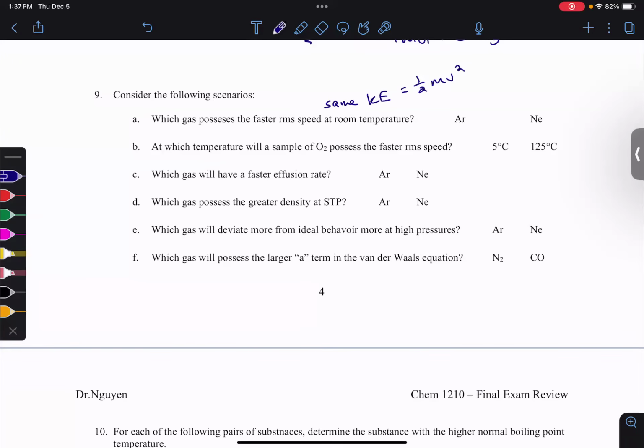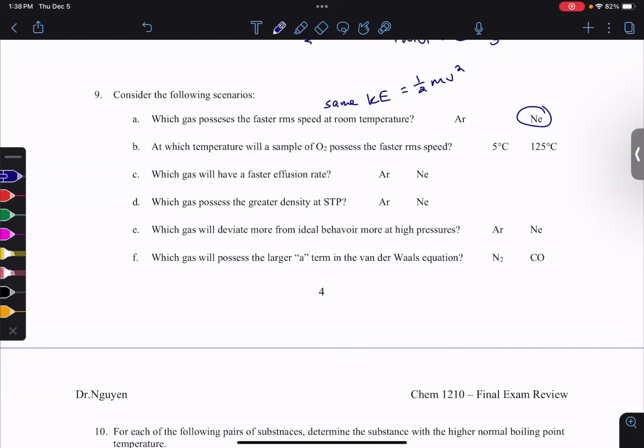So if I have a very lightweight particle, it's going to have a very fast velocity versus if I have a really large particle with the same kinetic energy, it's going to have a slower velocity. So what we see here is that neon has the faster root mean squared velocity because it is a lighter particle.